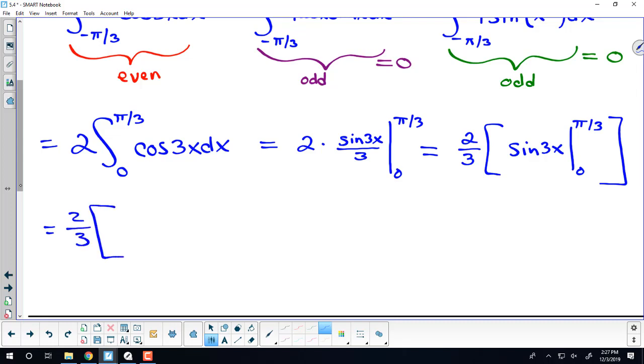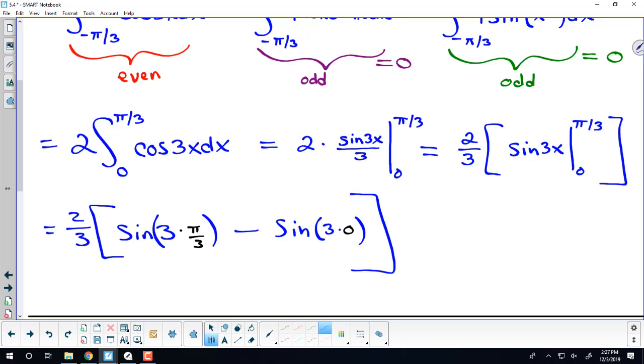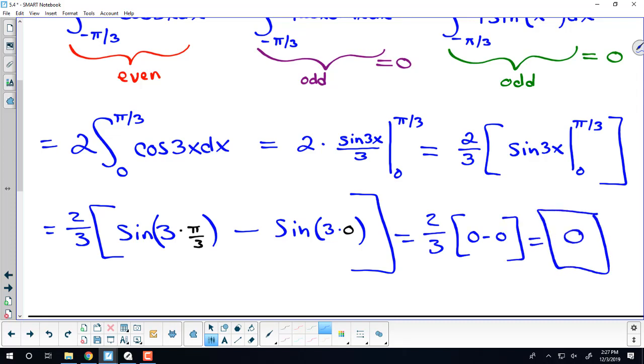We have sine of 3 times pi over 3 minus the sine of 3 times 0. So you have 2/3 times the sine of pi, which is 0, minus the sine of 0, which is 0. So all of that stuff we started off with originally is just 0.